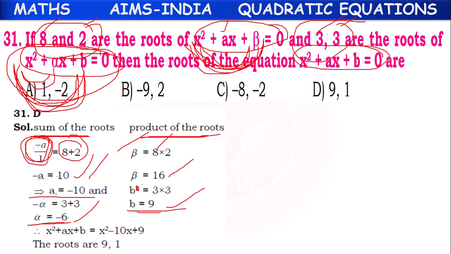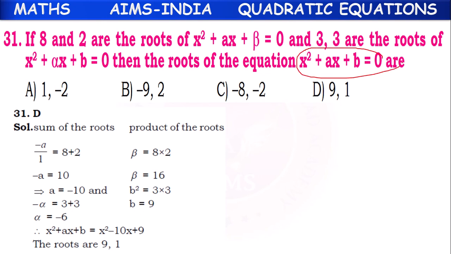Now we have to find the roots of this equation, x square plus ax plus b equal to 0, which is equal to x square minus 10x plus 9.